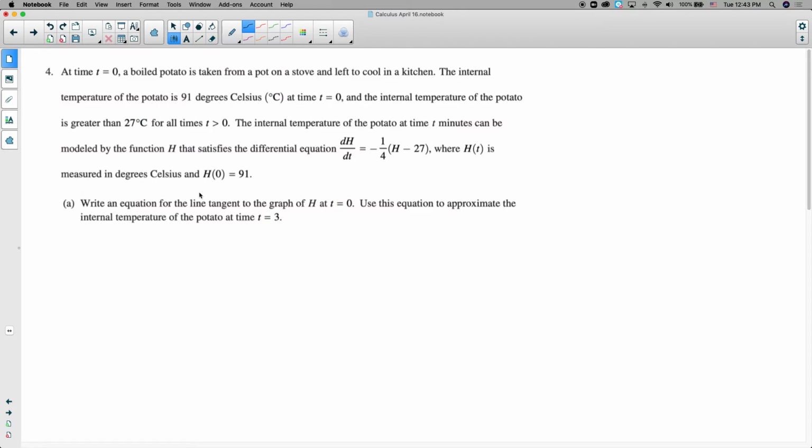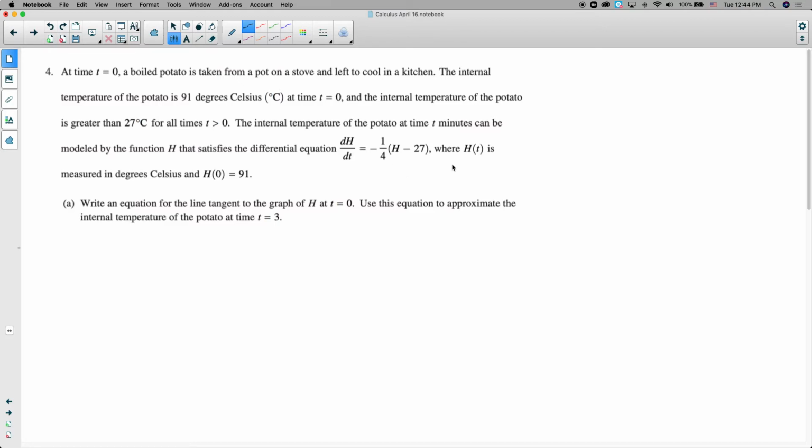Upon first reading, it's pretty concerning. There's just so much going on. So if I could just start taking a couple of deep breaths and think this through. This is the derivative of h with respect to t, and our formula is in terms of h. So let's remember that as we go forward.